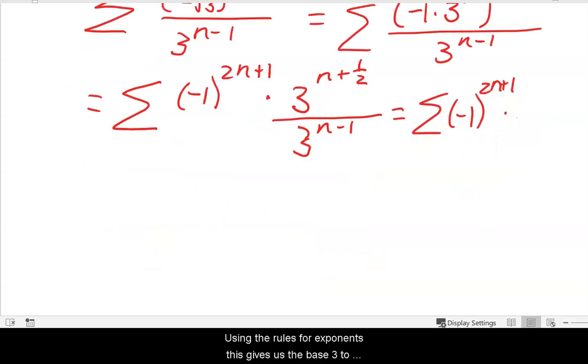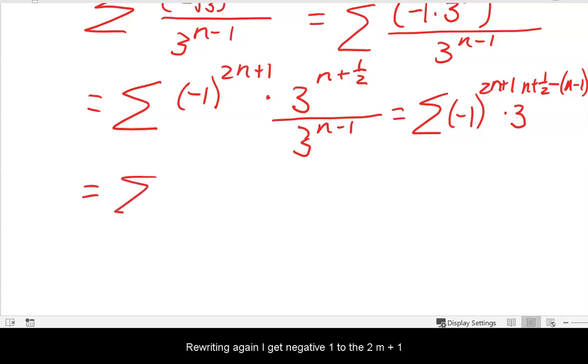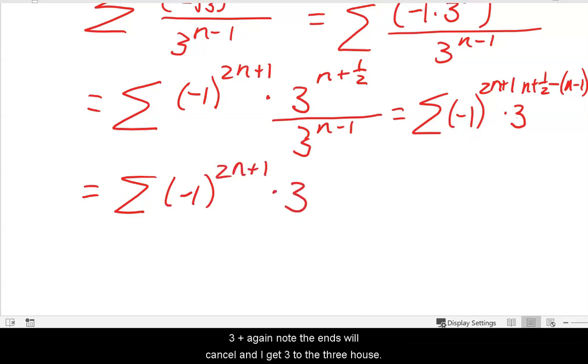Using the rules for exponents, this gives us the base 3 to the power n plus 1/2 minus, in parentheses, n minus 1. N plus 1/2 minus the quantity n minus 1 would give us 1/2 plus 1, or 3 to the 3/2. Rewriting again, I get -1 to the 2n plus 1 times 3, and again note the n's will cancel, and I get 3 to the 3/2.